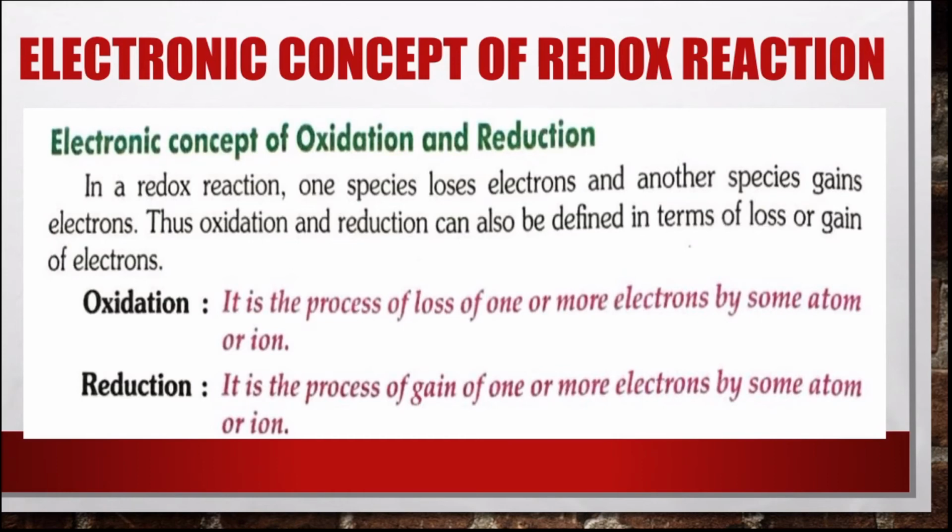Oxidation is a process of loss of one or more electrons by some atom or ion. So children, what does oxidation mean? Oxidation is a process of loss of one or more electrons by some atom or ion. And reduction is a process of gain of one or more electrons by some atom or ion.